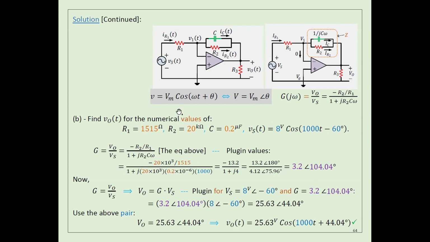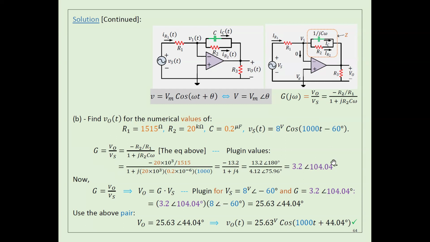So here I give you R1, R2, C, and the input Vs. You can just plug in, because this gives you the relation between V out and Vs. I give you R1, R2, omega, and C. This way, number one, you can find the gain.